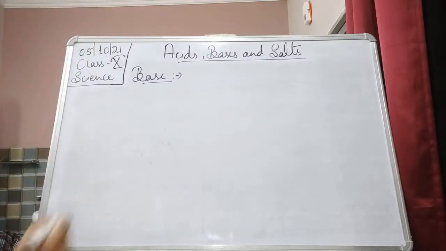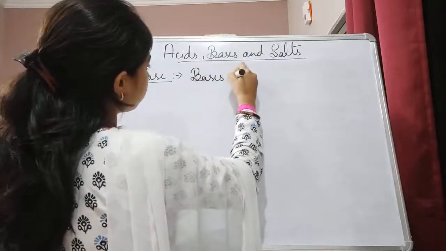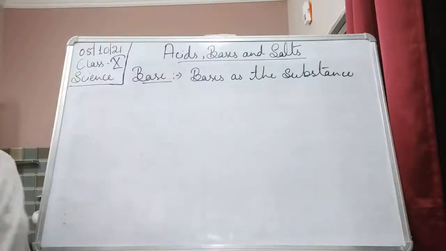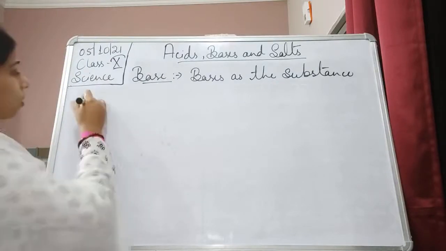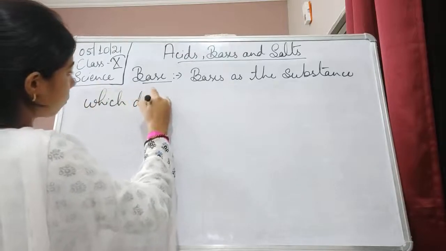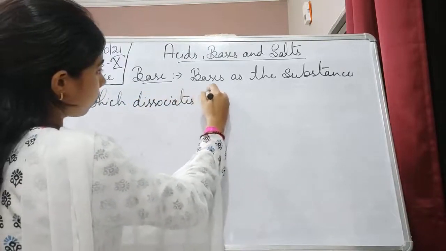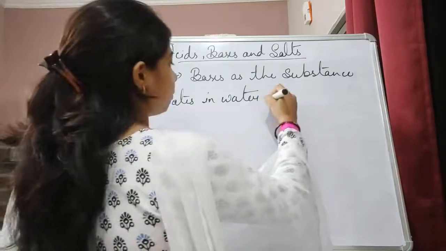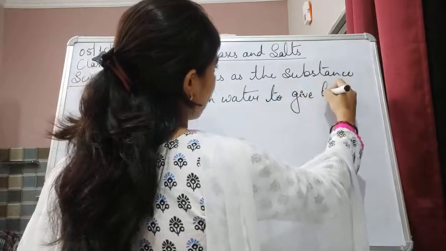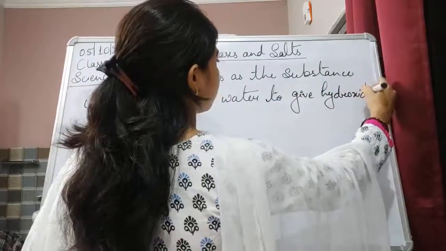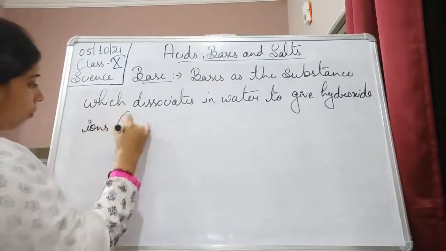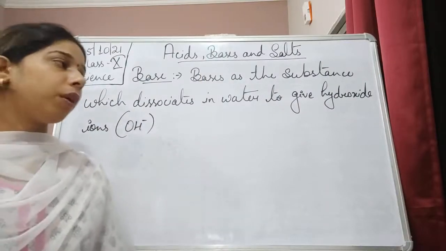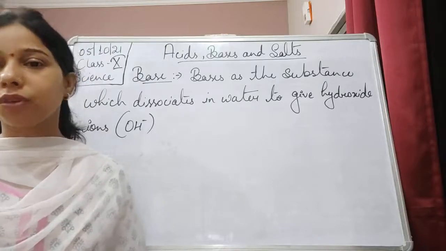So bases are substances which dissociate in water to give hydroxide ions. When they dissociate, they produce the hydroxide ion.